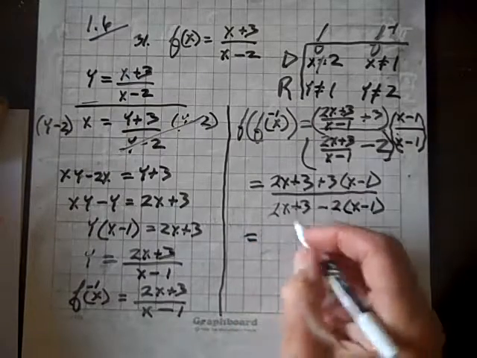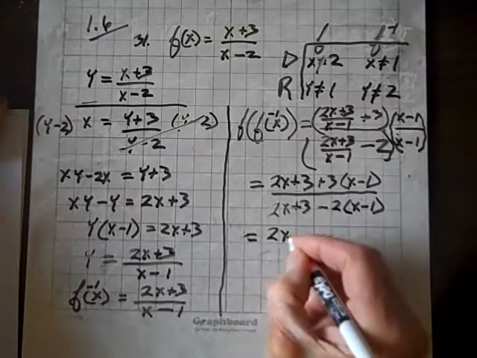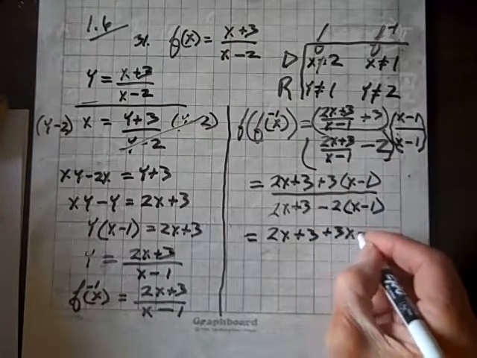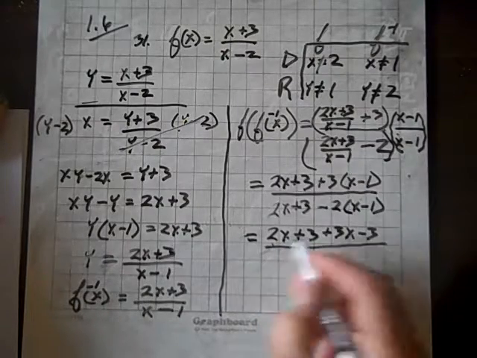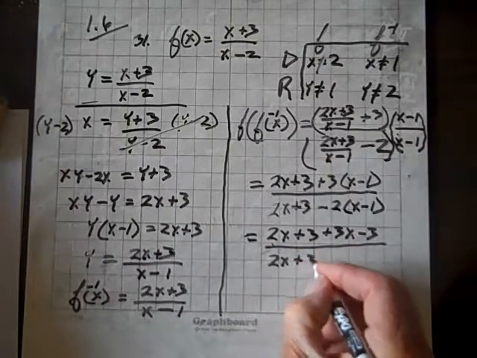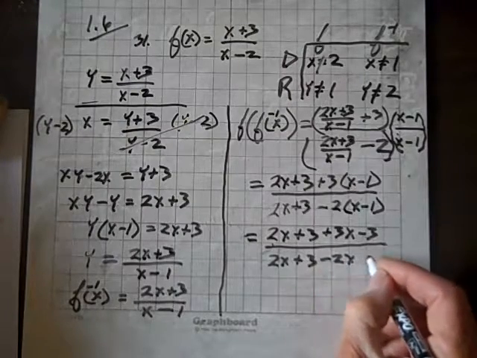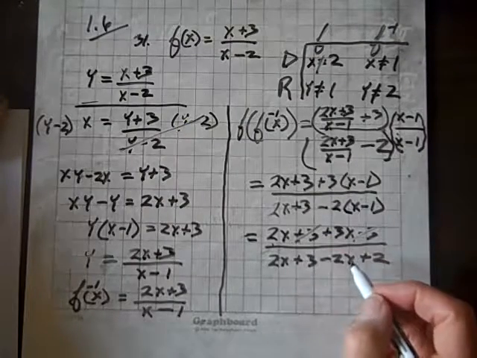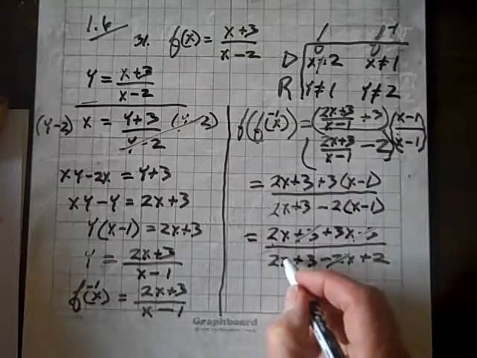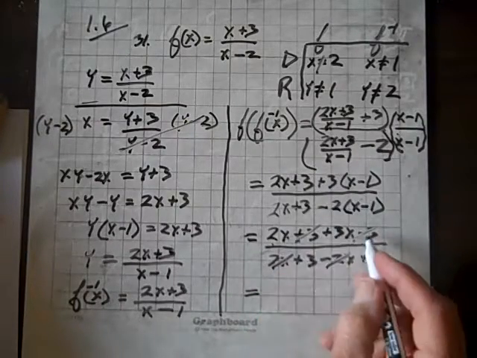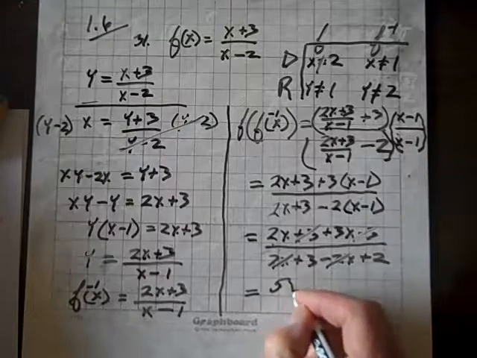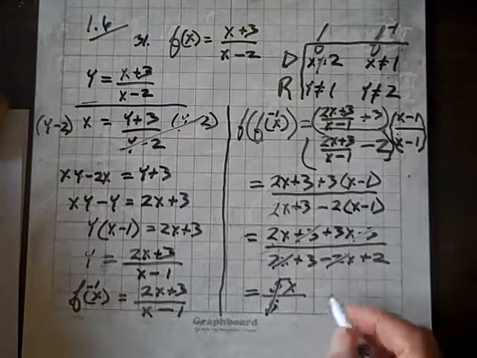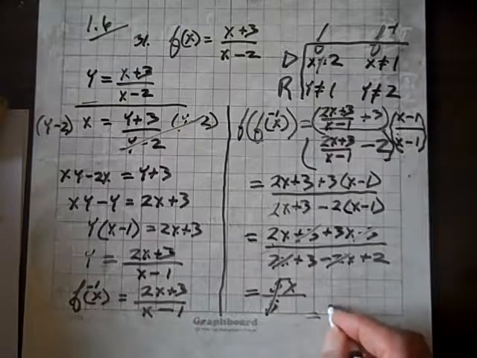So let's simplify this, and we get 2x plus 3 plus 3x minus 3 all over 2x plus 3 minus 2x plus 2. And now the 3's cancel out, the 2x's cancel out, and we're left with 2x plus 3x is 5x over 2 plus 3 is 5, and those divide out, so this thing equals x.